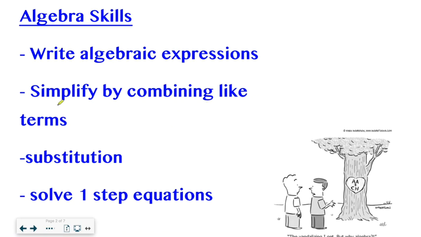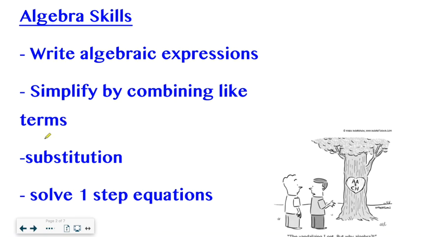So, what we learned in algebra was how we write algebraic expressions. Those are the ones where we have x written in a number sense, right? Simplifying by combining like terms. Those are when we had those manipulatives, and we would group them together. We would combine like shapes, right?